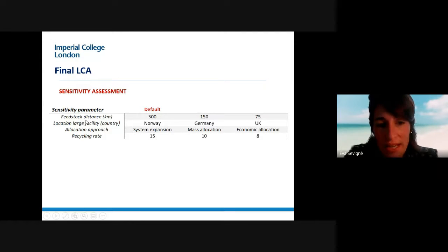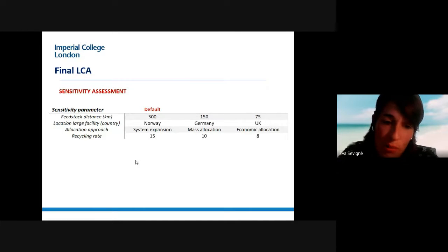We considered the reduction of the feedstock distance, because as default we have that the forestry is 300 kilometers away from the manufacturing site, and we evaluated the reduction of this distance by 150 kilometers and 75 kilometers. We also evaluated how the environmental impacts are going to be in the case of locating this facility in Germany or in the UK instead of Norway.